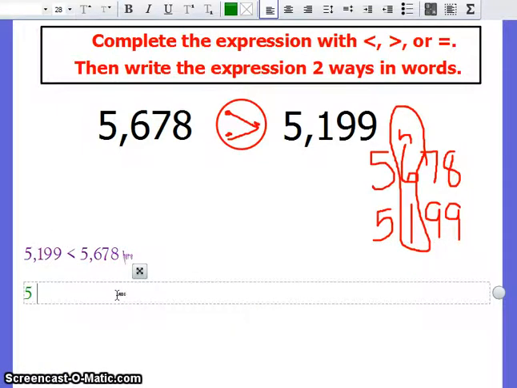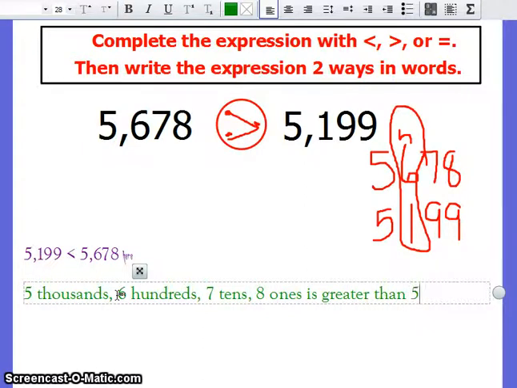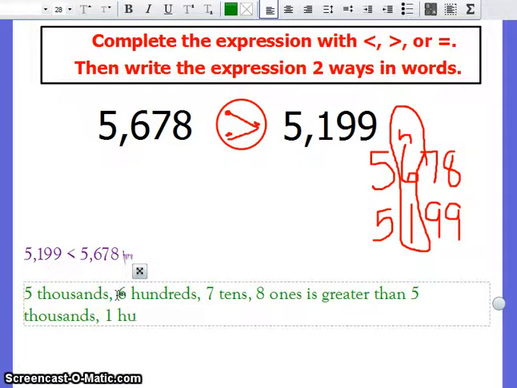Okay, we can also say that 5,000, 600, 7 tens, and 8 ones is greater than 5,000, 100, 9 tens, and 9 ones. And now I've written this expression in 2 different ways.